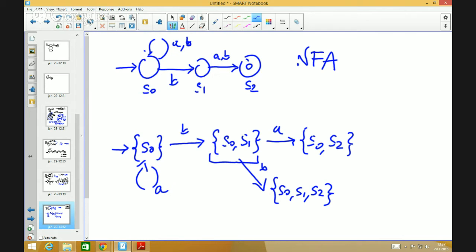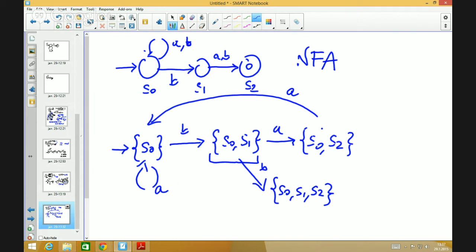So let's keep expanding. Sooner or later we will finish. If you are in {S0, S2} and you read an A, where do you go afterwards? From S2 you can go nowhere. From S0, you can only go to S0. So back to where we started.